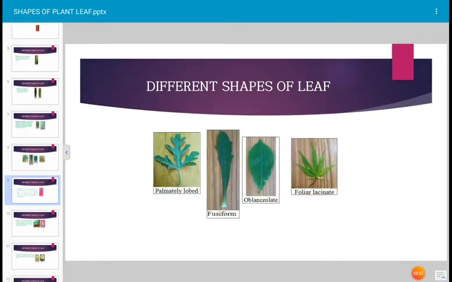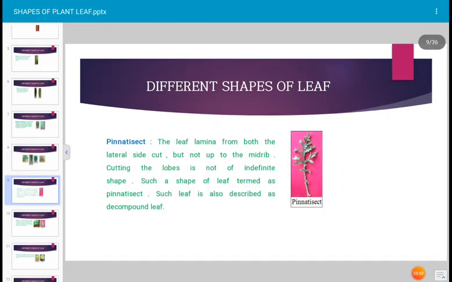Okay, next, this is the pinnatisect type of leaf, that is the pinnatisect shape of leaf. The leaf lamina is cut from both lateral sides, but not up to the margin, not up to the midrib. Cutting the lobes is not of an indefinite shape, that is, such a shape of the leaf is termed as pinnatisect.